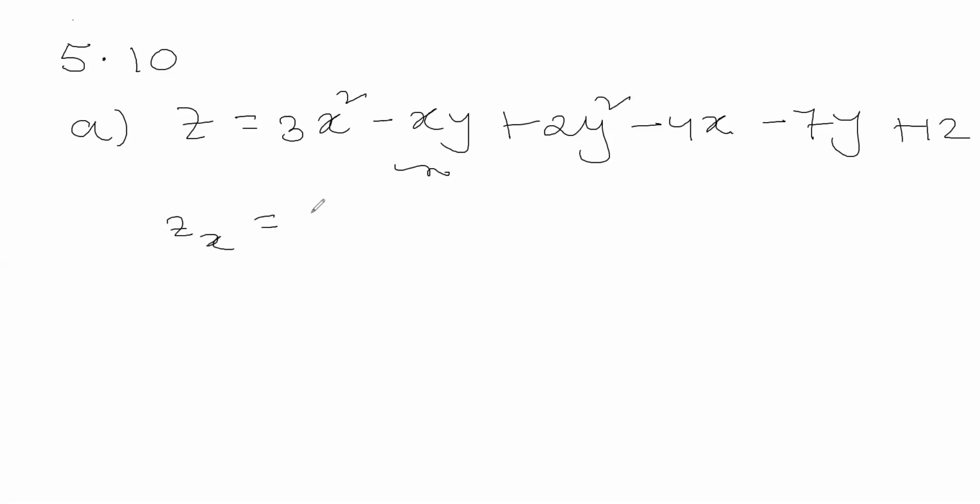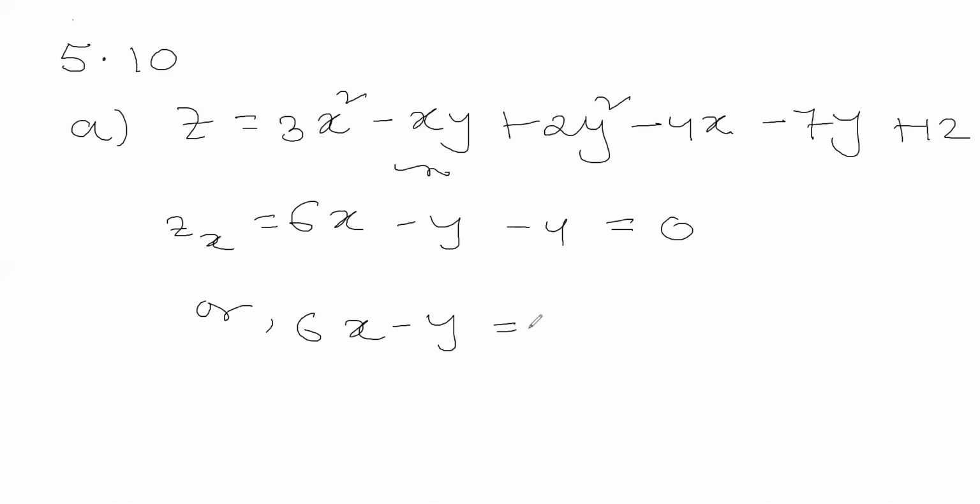So we are taking the first order partial derivative, and where we get 6x minus y minus 4, we set it equal to 0. And then if we work on it, we can write 6x minus y is equal to 4. Let's say this is the equation number 1.